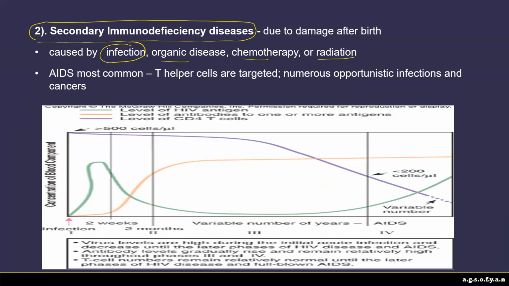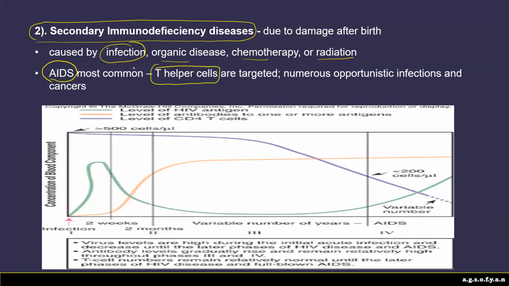The most common one is AIDS. So AIDS is an immunodeficiency disease that is caused by HIV infection. And this HIV virus destroys the T helper cell.